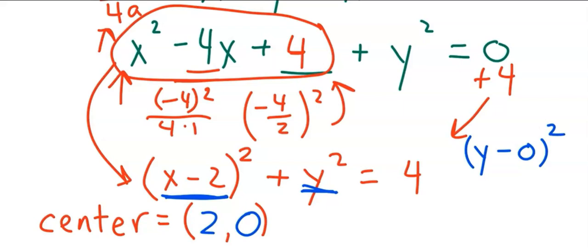What is y minus 0? Just tell me what y minus 0 is. Y. That's y. So these two things are exactly the same, therefore that's how you get the second part of that center. Anytime that nothing is being subtracted or added before the square, that means it's a 0.